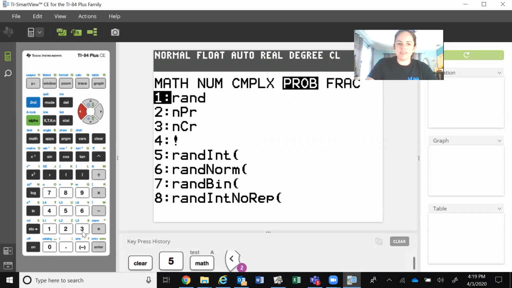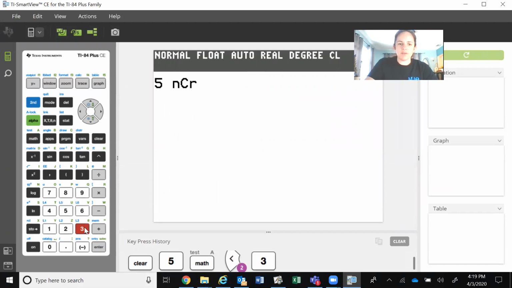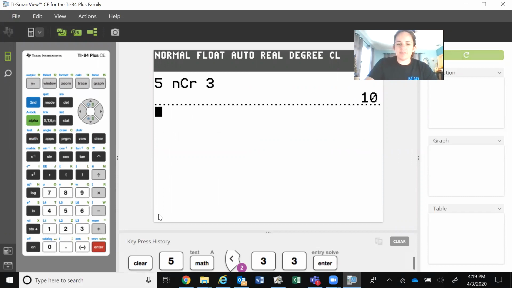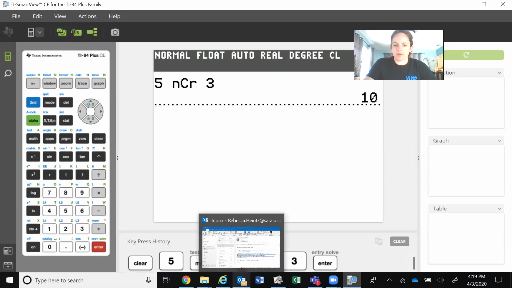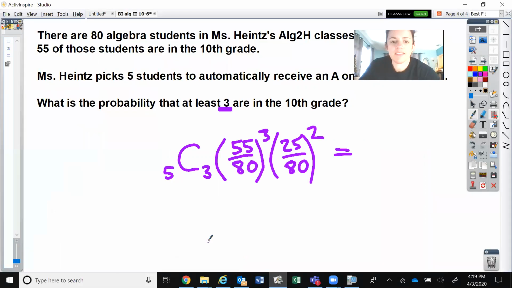And then we want nCr because we're choosing, and we have 5 and we're choosing 3. And that tells me that 5 choose 3 is 10, which means there'd be 10 different orders that could happen, but we don't care about the order. So this would be 10 here. And then we'll go ahead and calculate that.